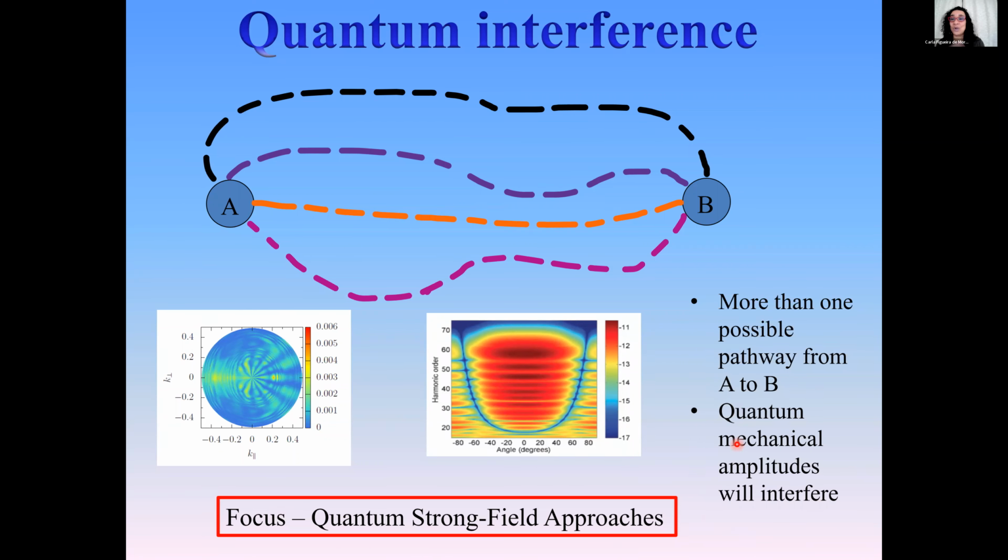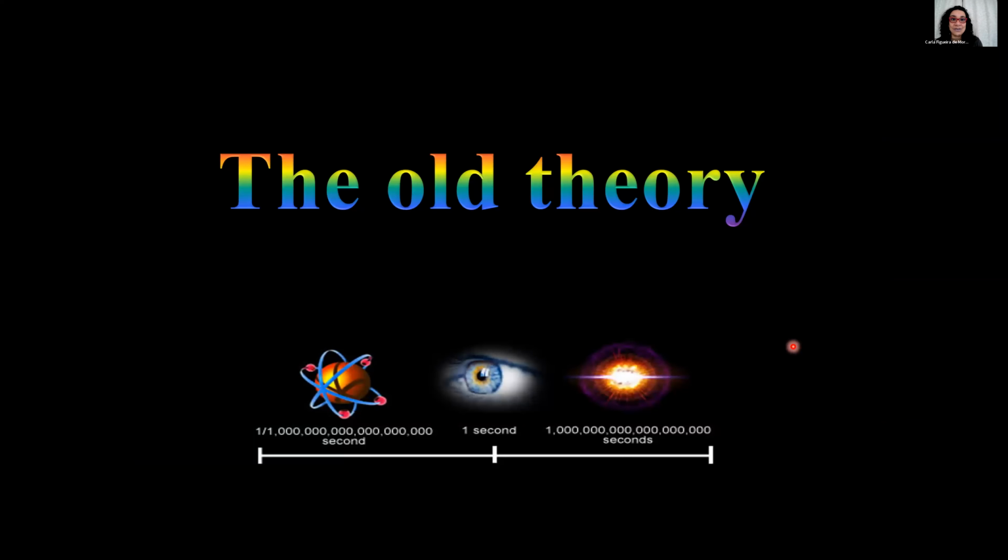So quantum interference needs to be taken into consideration. That's why I'm focusing here on quantum and semi-classical strong field approaches, because many people have used also classical approaches to describe things. But it's important to bear in mind that quantum interference plays a huge role, and we're going to take this into consideration.